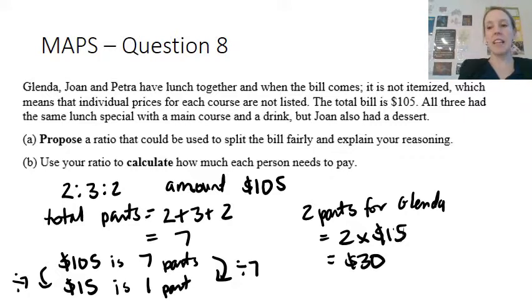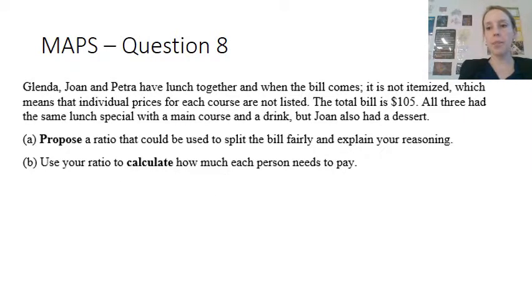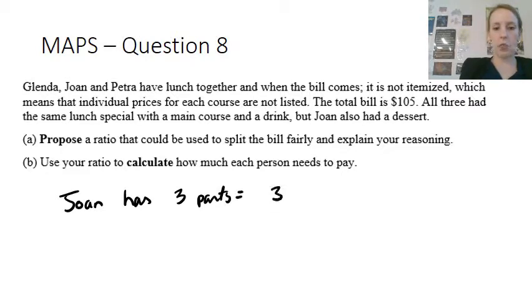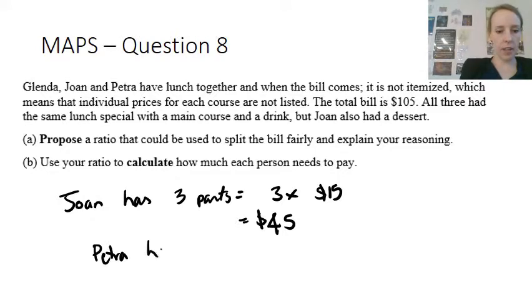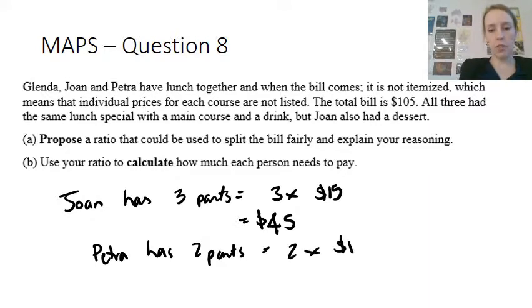I'm just going to have to clear this. You'd keep working down the page. Joan has 3 parts. So that's 3 times 15. That's $45. And Petra has 2 parts. And that's 2 times 15, which equals 30.